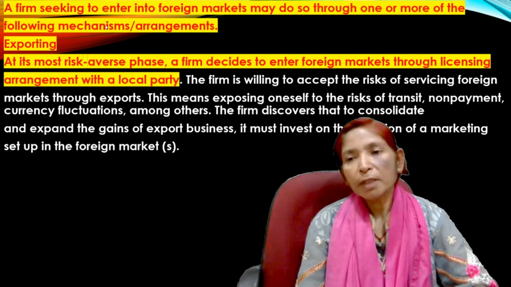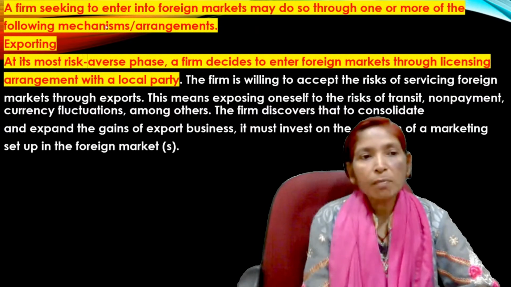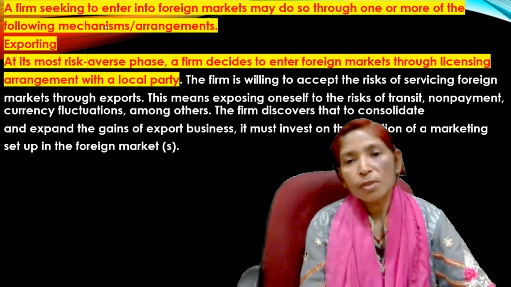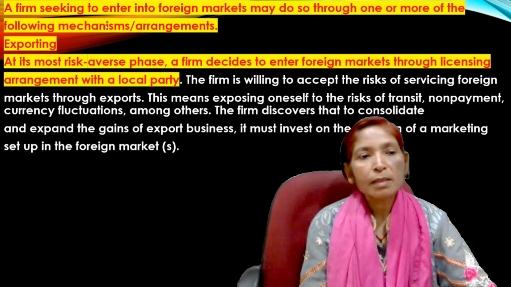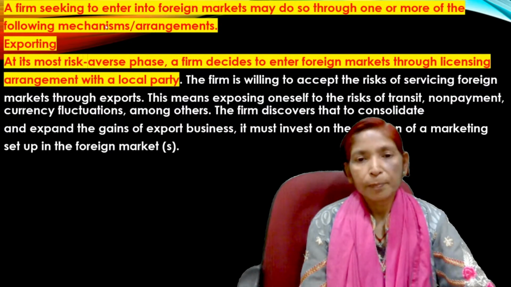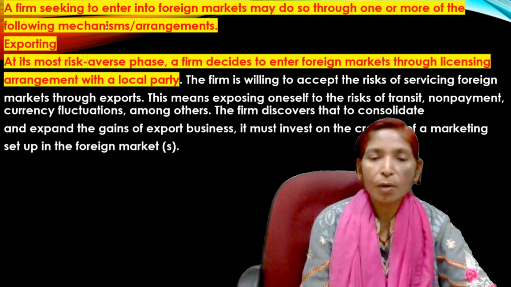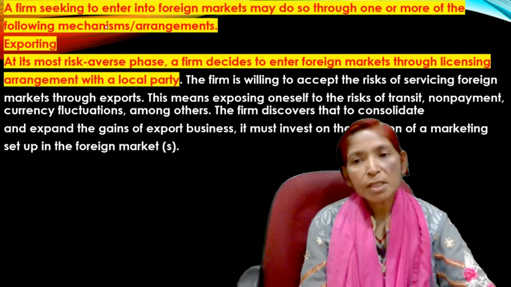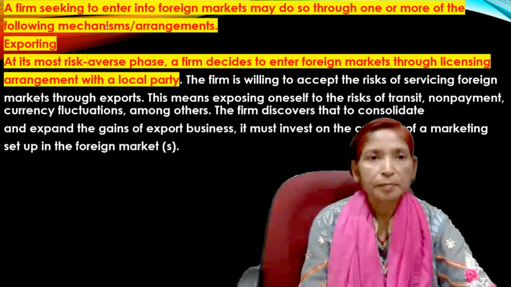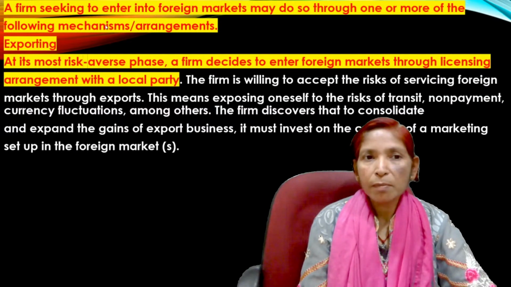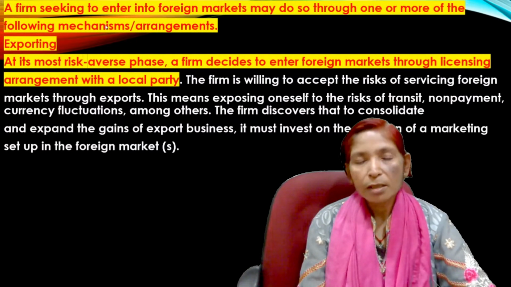The firm is willing to accept the risk of servicing foreign markets through exports. This means exposing oneself to the risk of non-payment, currency fluctuations among others. The firm discovered that to consolidate and extend the gains of export opportunities in business, it must invest in the creation of a marketing setup in the foreign markets. So what are the following mechanisms or arrangements if any firm wants to enter in foreign market.